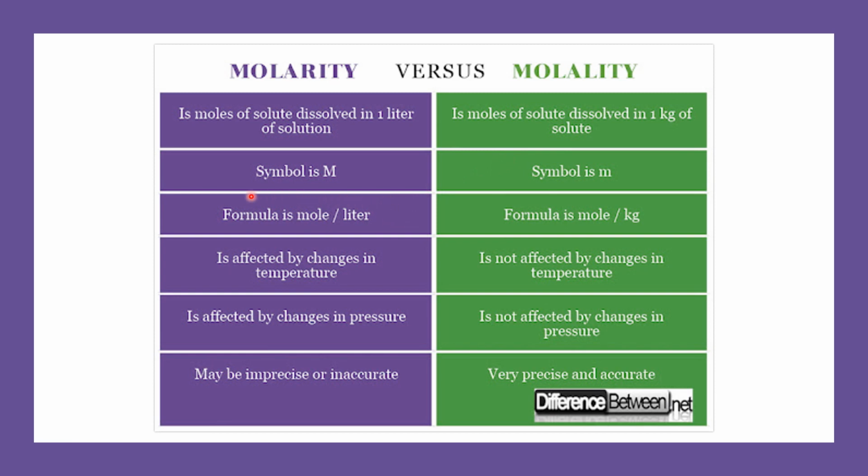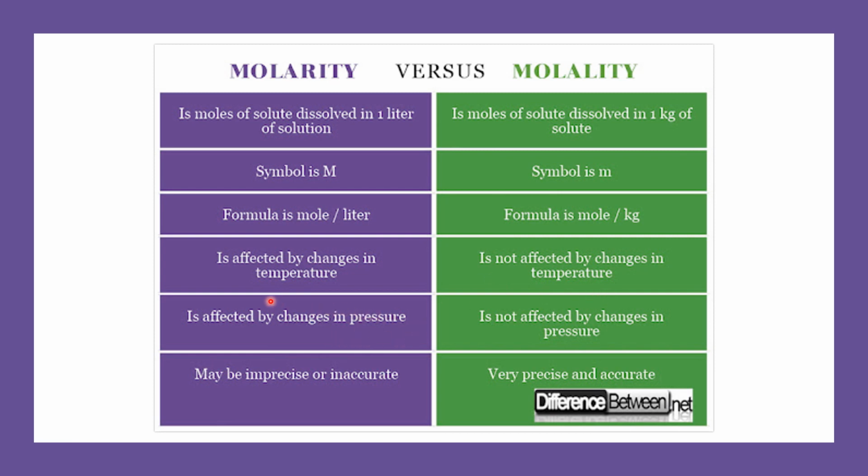For the formula, for the molarity, that is mole per liter, and for the molality, that is mole per kilogram. In terms of the effect of temperature, molarity is affected by changes in temperature, and molality is not affected by temperature.